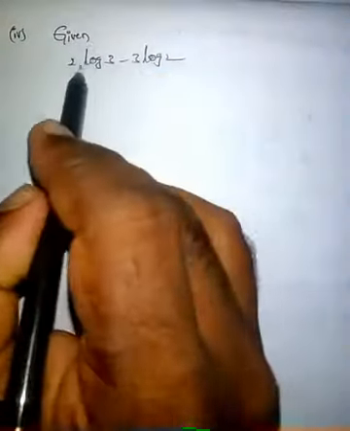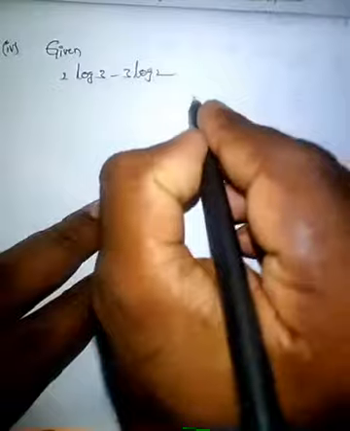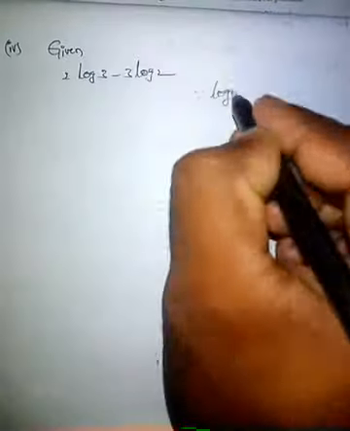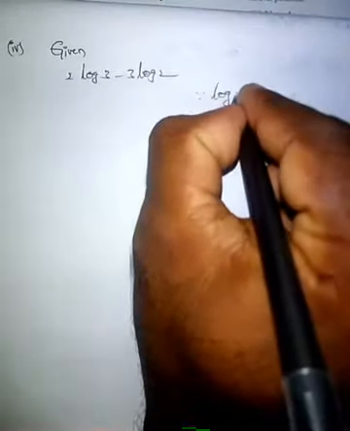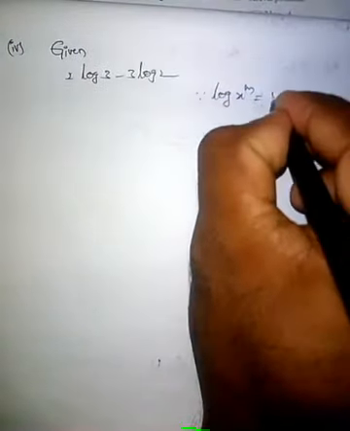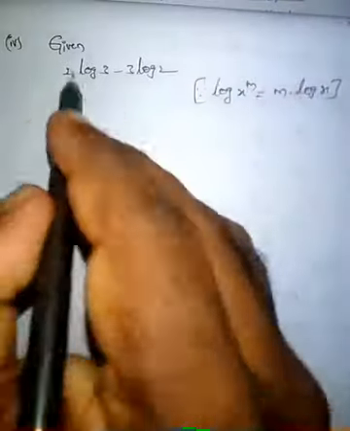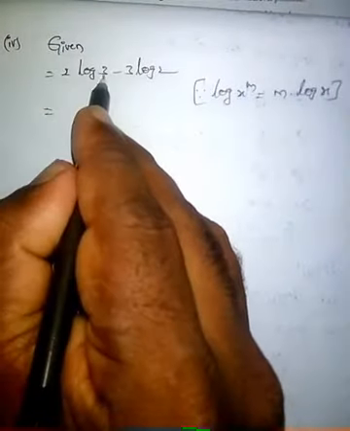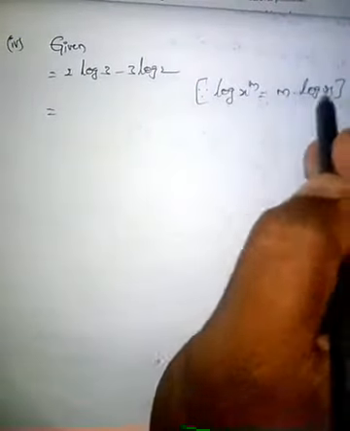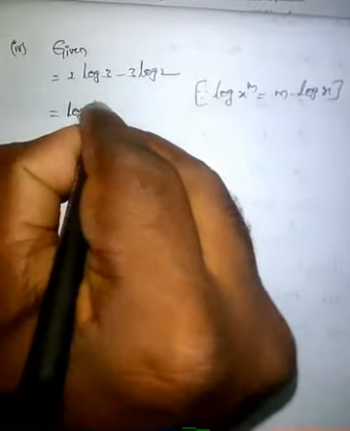Next, the fourth one is 2 log 3 minus 3 log 2. Children, this is in the form of m into log x, and in the place of m into log x you can write log x power m. So 2 into log 3 can be written as log 3 square.